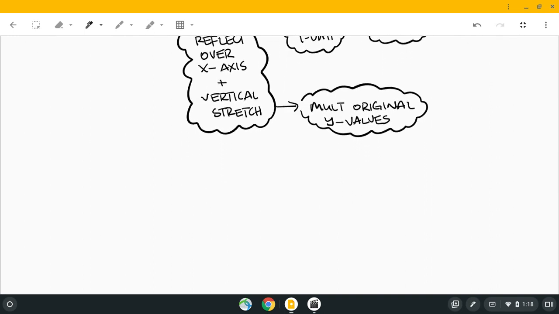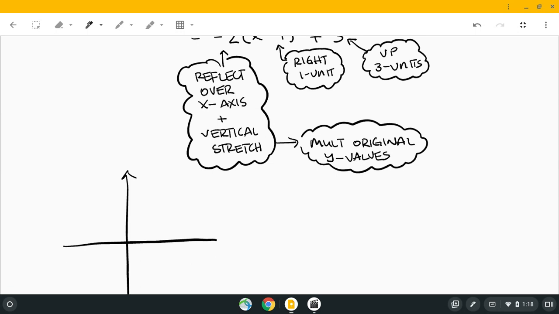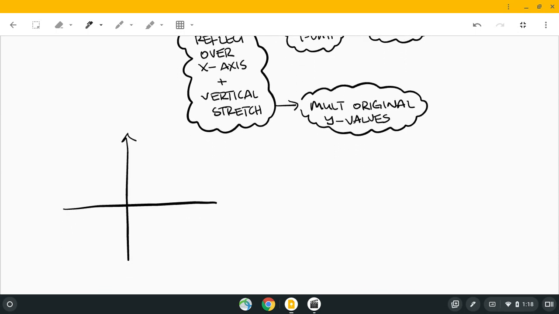Okay, so let's go ahead and do the graph down here. We said it's going to go right 1 unit, up 3 units. Parent function: 0, 0, 1, 1, negative 1, 1. This is my parent function.